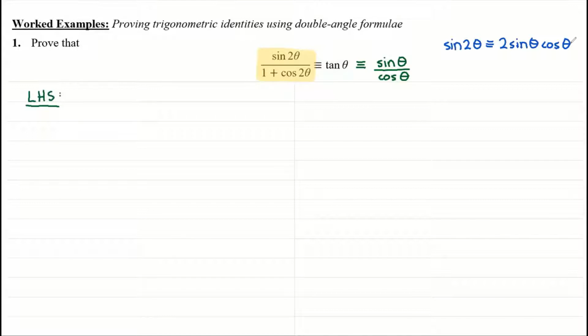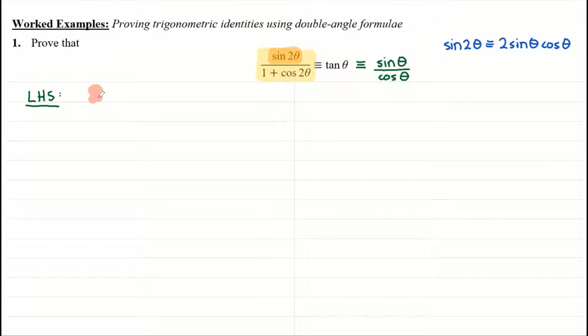Okay, so I think that forces our hand, doesn't it? So on the left-hand side, I'm going to start off by replacing the sine 2 theta, which we can see very clearly, and I only have one option, and that is to replace it with 2 sine theta cos theta. So I'm going to do that.